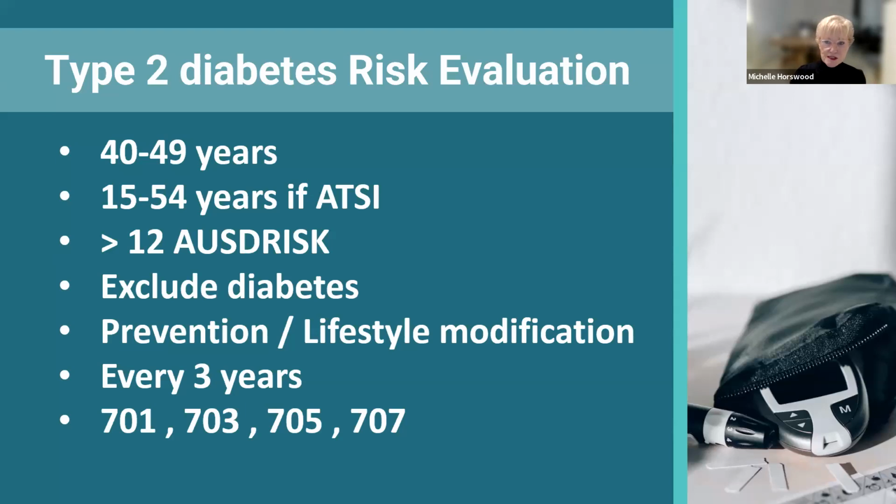And this particular assessment can be done every 3 years within that age group. And the item numbers are 701, 3, 5, and 7, depending on the time and the complexity of the plan that's developed at the end.